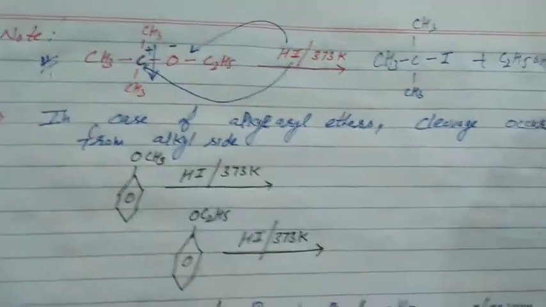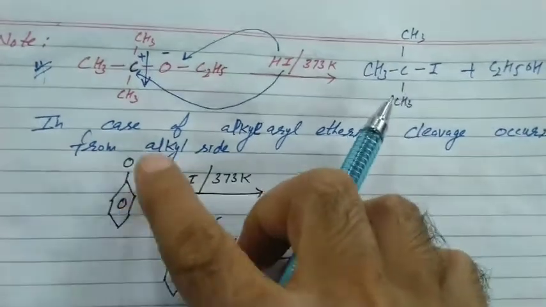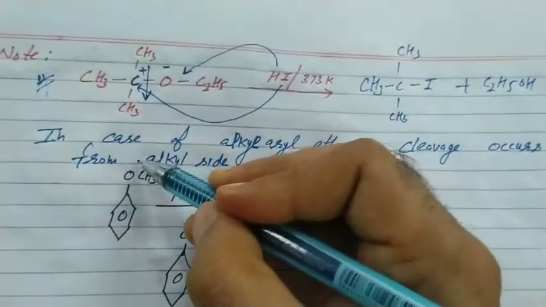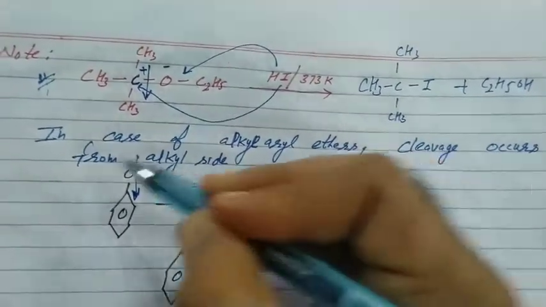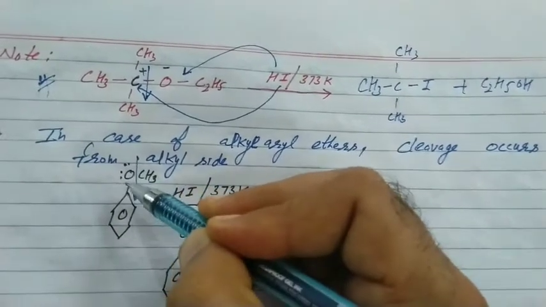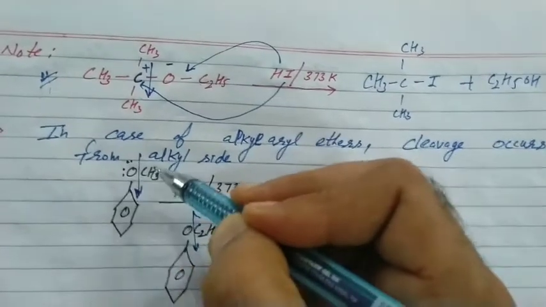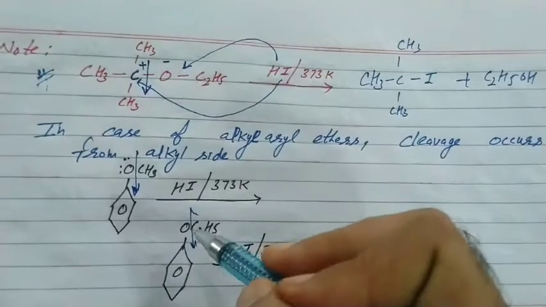Next students, in case of alkyl aryl ethers, these are again mixed ethers, cleavage occurs from the alkyl side. Cleavage occurs from the alkyl side because the oxygen atom of the ether is in resonance with the ring. What will happen due to resonance? Double bond character, and breakage becomes difficult. Alkyl aryl ethers, cleavage occurs from the alkyl side. Now it is clear, students.